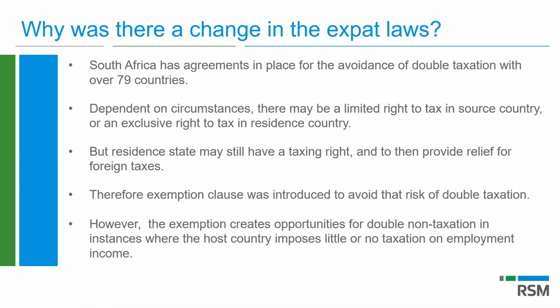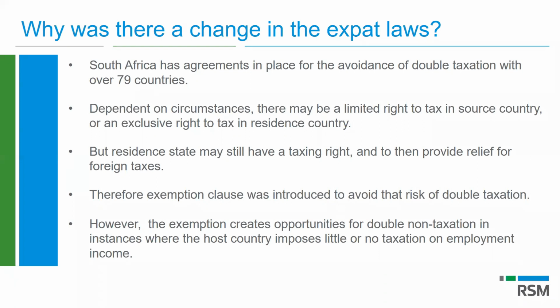So that is the reason why the current Section 10(1)(o)(ii) exemption exists in the Act, to try and escape that double taxation exposure. But the problem is that by having this exemption in the Income Tax Act, it creates an opportunity for double non-taxation.